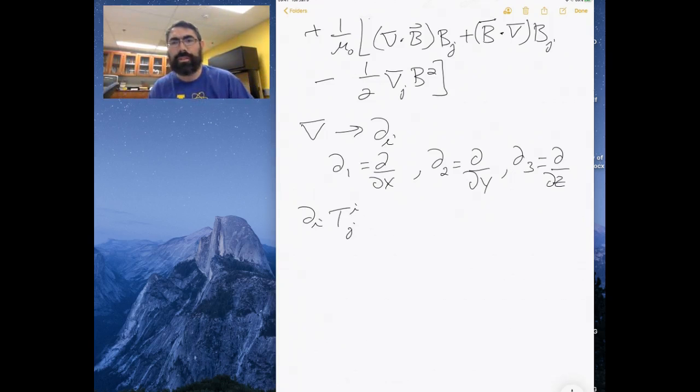Now since it's a dot product, I have to write it in its covariant form.